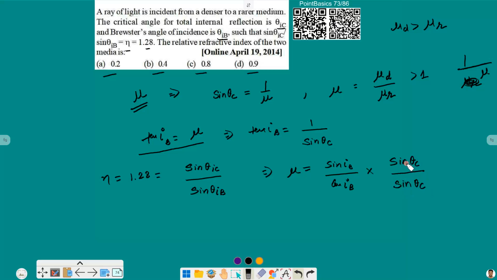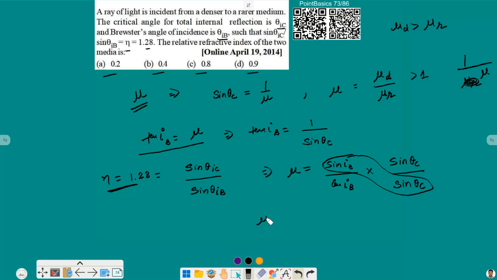So we multiplied it by sine of theta c and we divided it by sine of theta c. Now sine of theta c by sine of IB. So we can say this term, sine of IB by sine of theta c, will be equal to 1 by eta, or we can say 1 by 1.28.